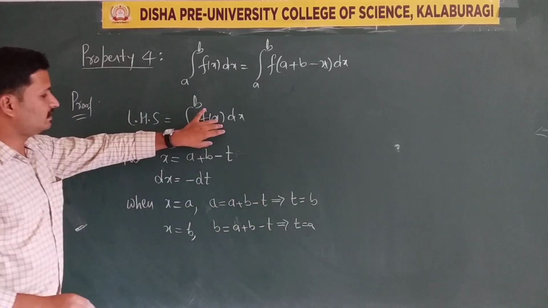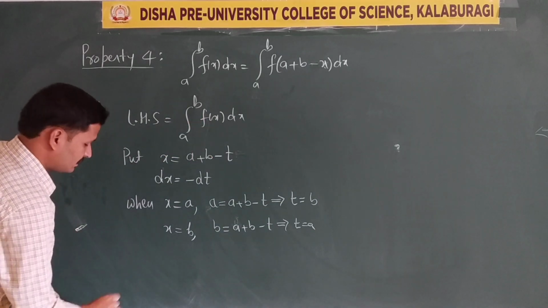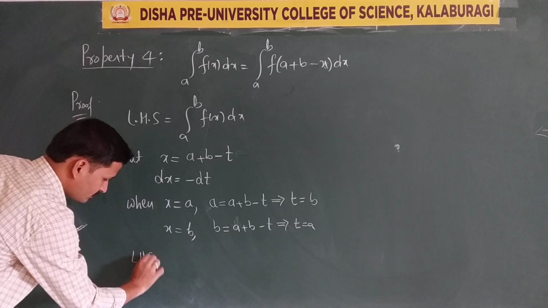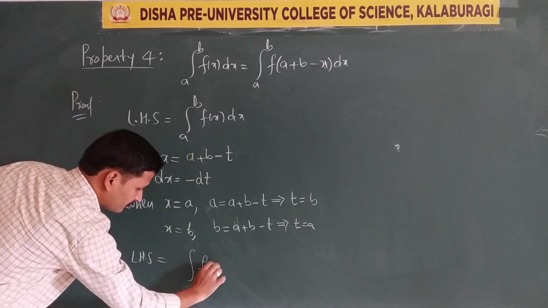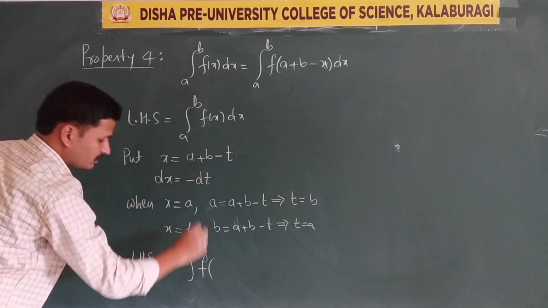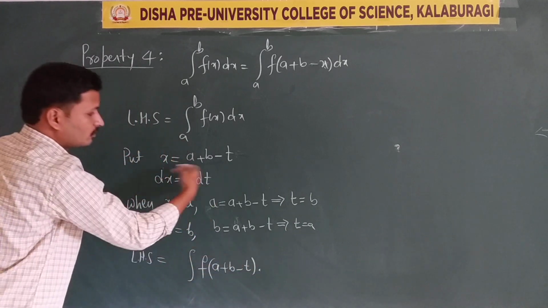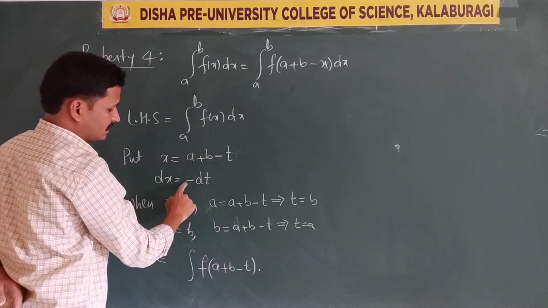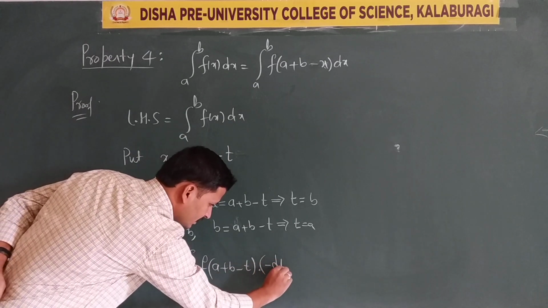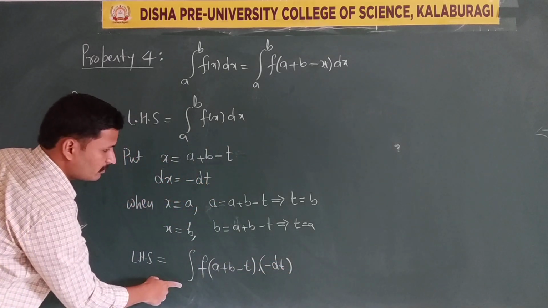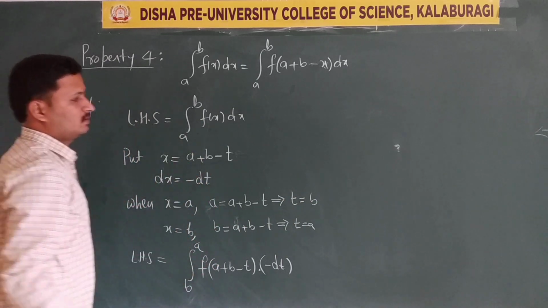Substitute these things in the LHS. So the LHS reduces to integration of f of, in place of x substitute a plus b minus t, into, in place of dx, that is minus dt. The lower limit is b and the upper limit is a.